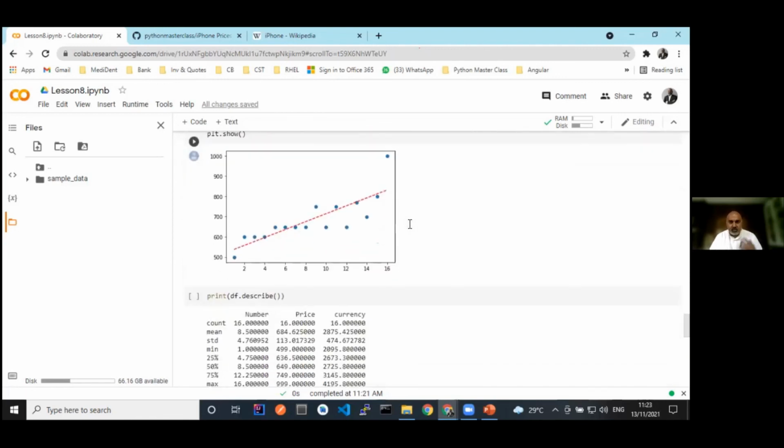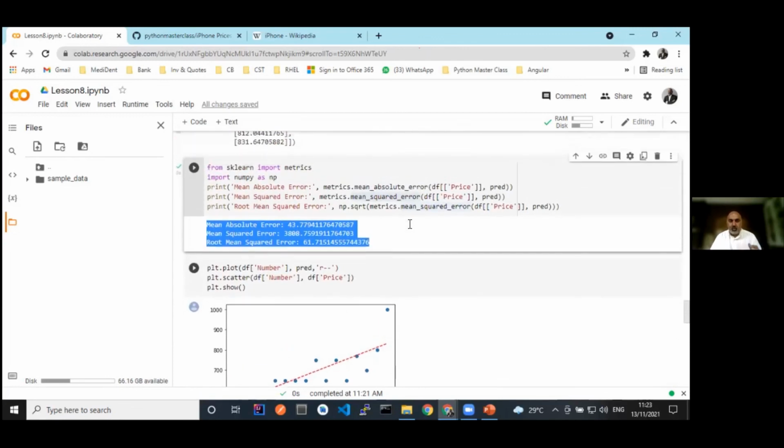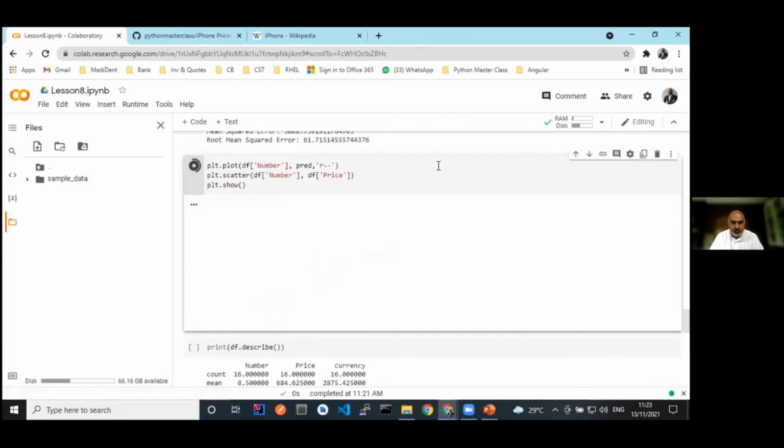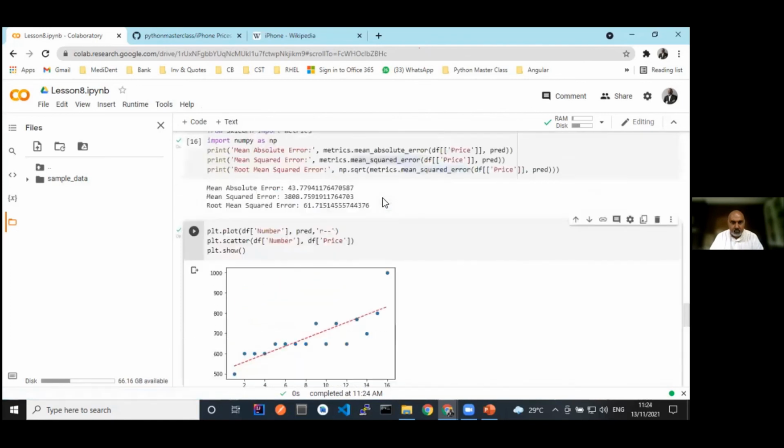Okay, so this is how we actually do linear regression, and this is how we evaluate the linear regression. Since we have time, I will go ahead and do this. I'm going to print it out. We've already done this.